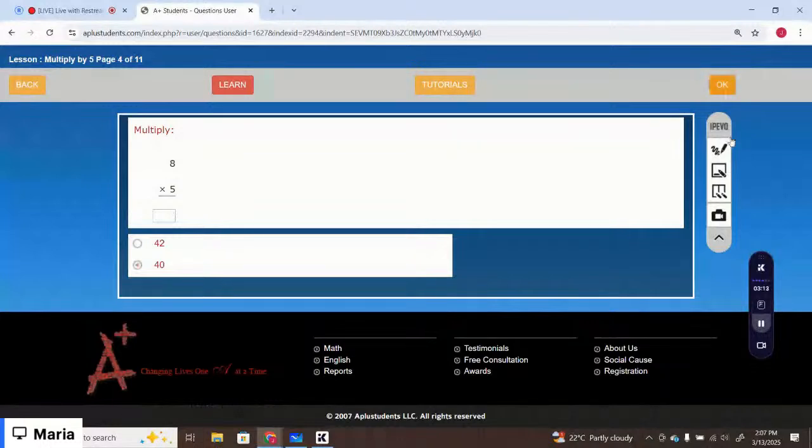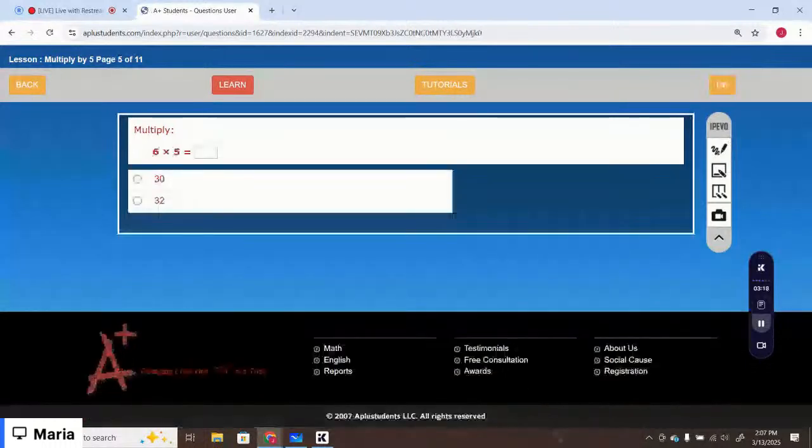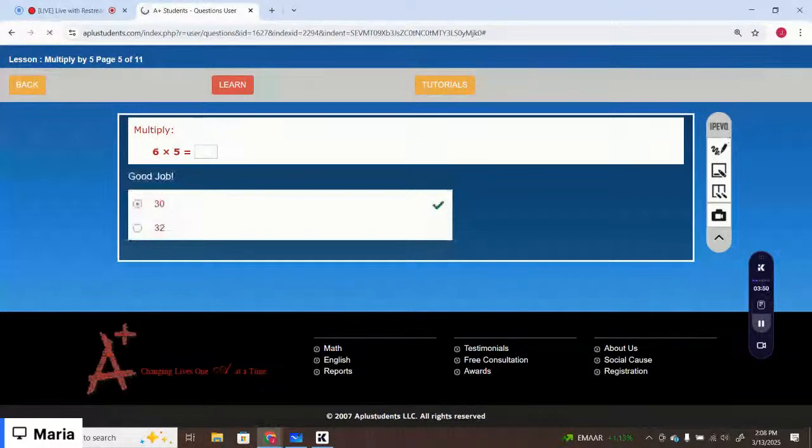It is 8 times 5 is 40. 6 times 5, which is the correct option. 30 it is. 6 times 5 is 30. Option number 1 is the correct option.